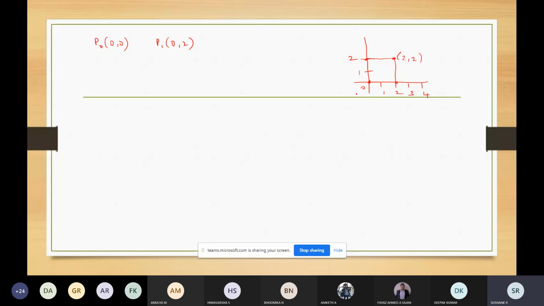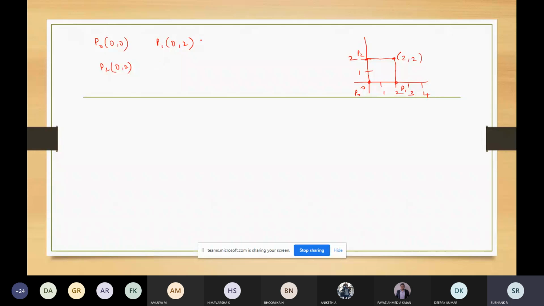This is p naught, p1, p2. The position of p2 is 2, so it will be 0 comma 2.